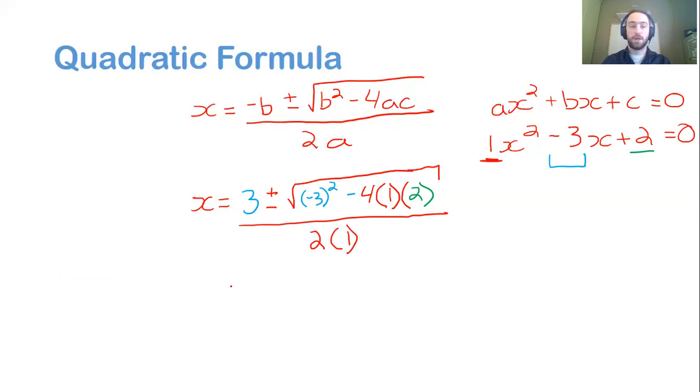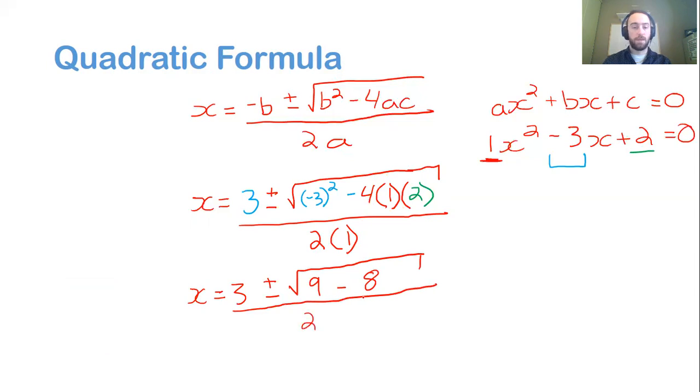So now we just go ahead and solve. We have x equals 3 plus or minus the square root of 9, since negative 3 squared is 9, minus 4 times 1 times 2, minus 8, all divided by 2. Now we simply have x is equal to 3 plus or minus 1, divided by 2.